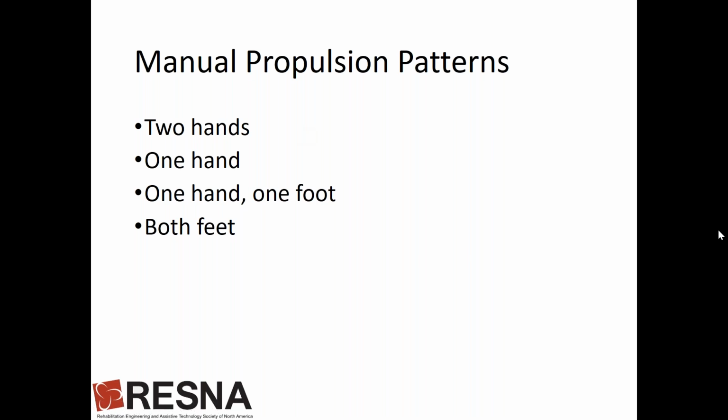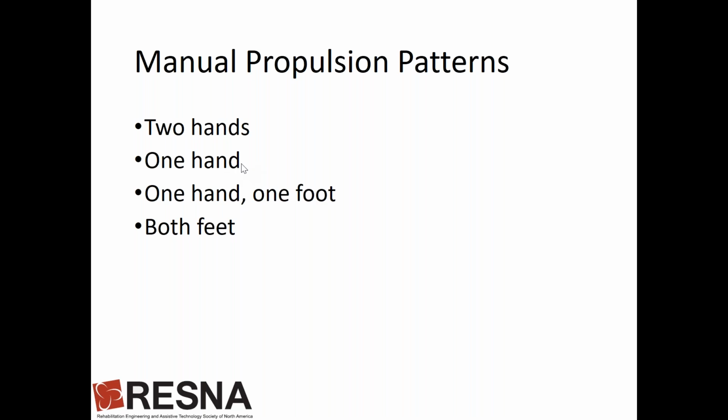Manual propulsion, and this is where, okay, Aldrich, I feel like we need pictures too. So you can propel with two hands, which most people do. Someone that would propel with one hand, maybe somebody that had a stroke or a rotator cuff issue.